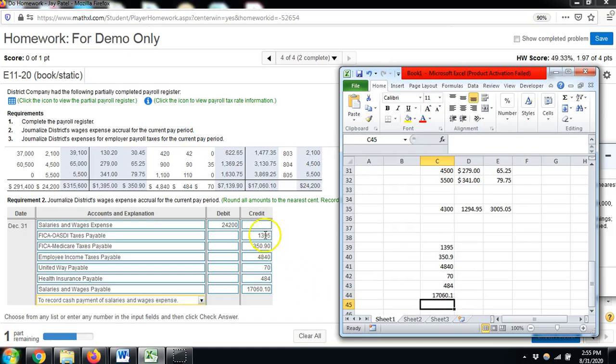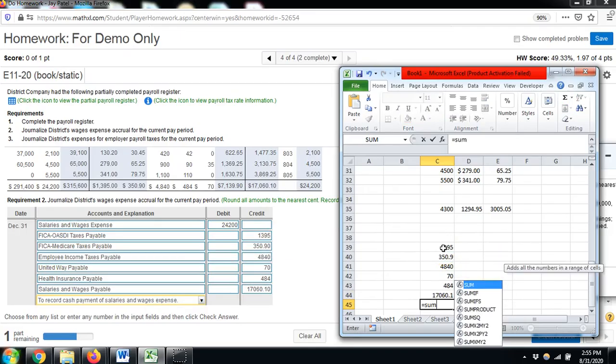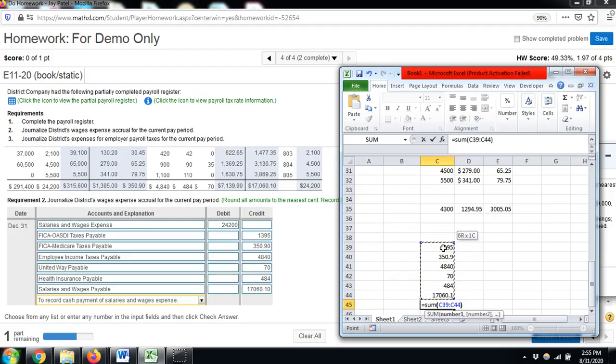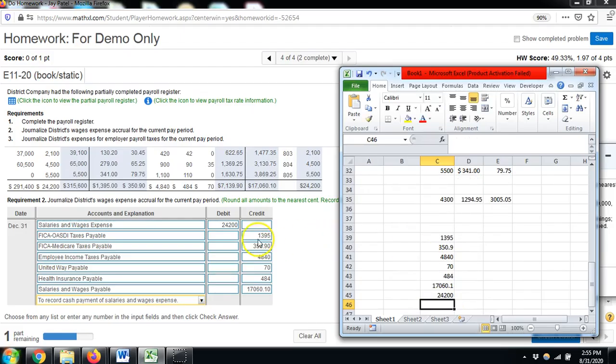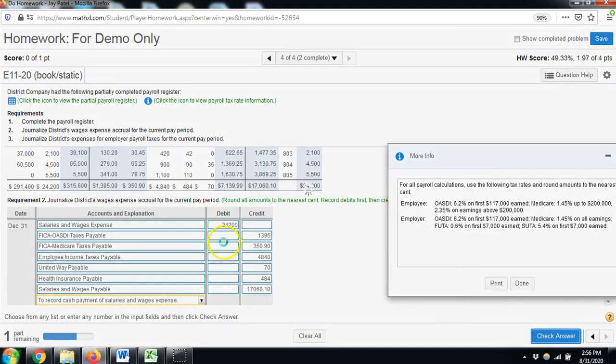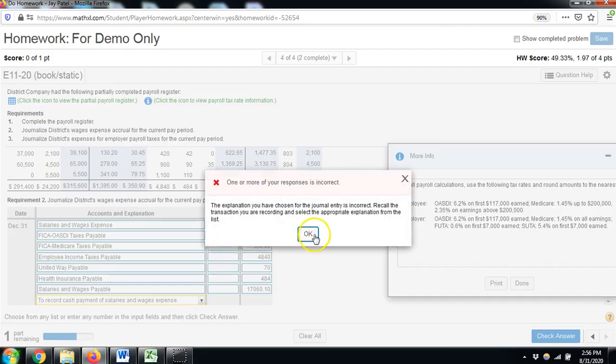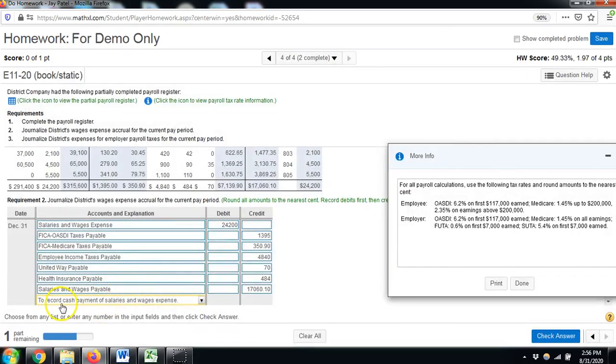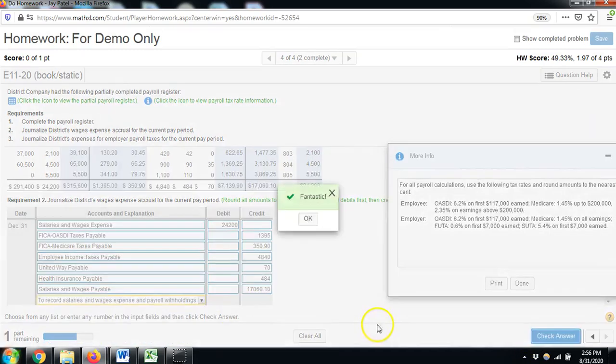I've taken all these credits and added them up. And yes, it does indeed add up to our debit of 24,200. So this entry should be good to go. Oh, I made the memo wrong. It's not the cash payment. It's record salary and wage expense and payroll withholdings. Okay.